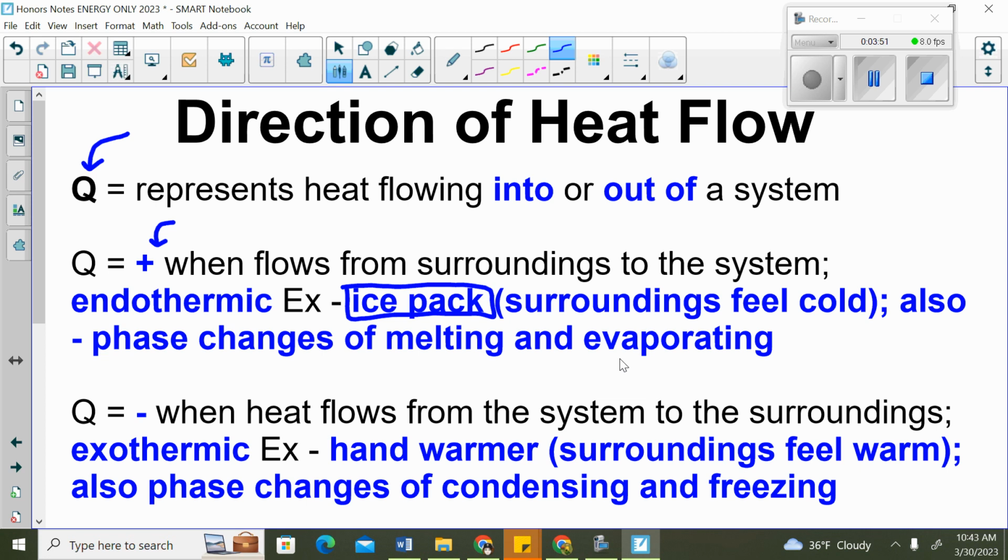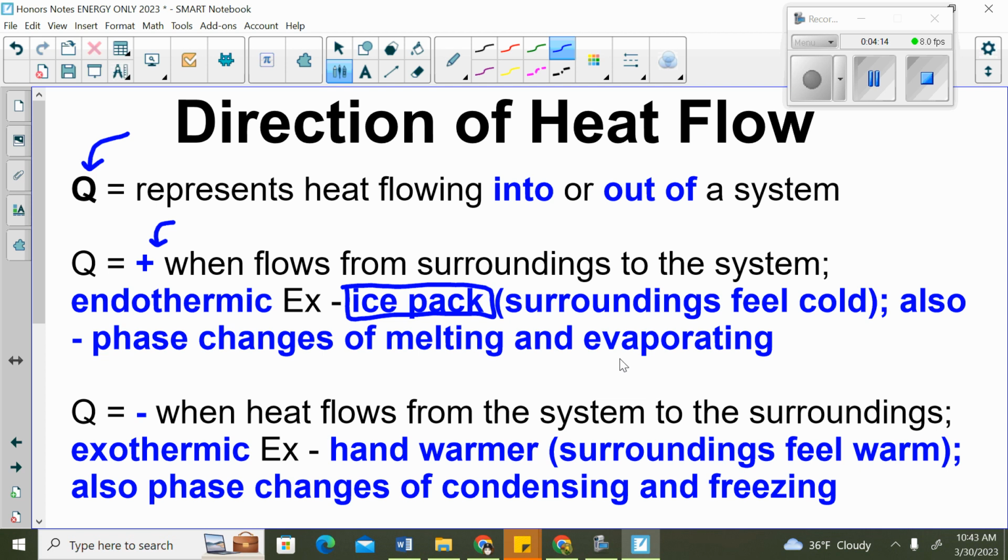So that is endothermic. So energy is flowing from the surroundings to that system of those two chemicals. They interact and feel cold to us. Now, it's not always an accompaniment of feeling cold, right? That's just a good example of you understanding that energy is going into the system.